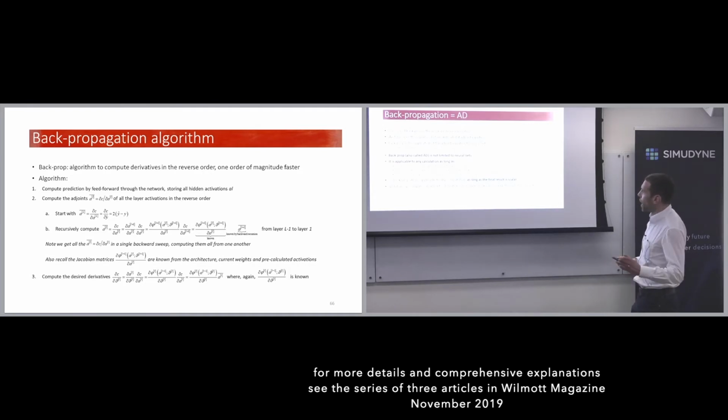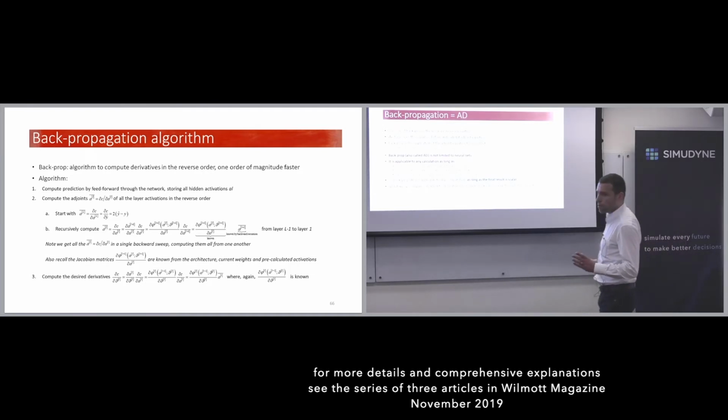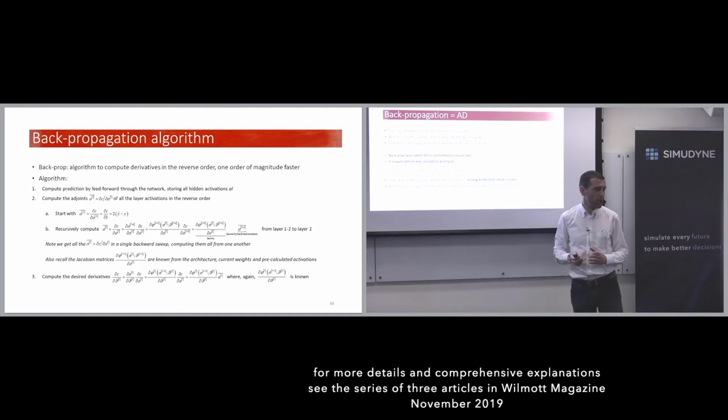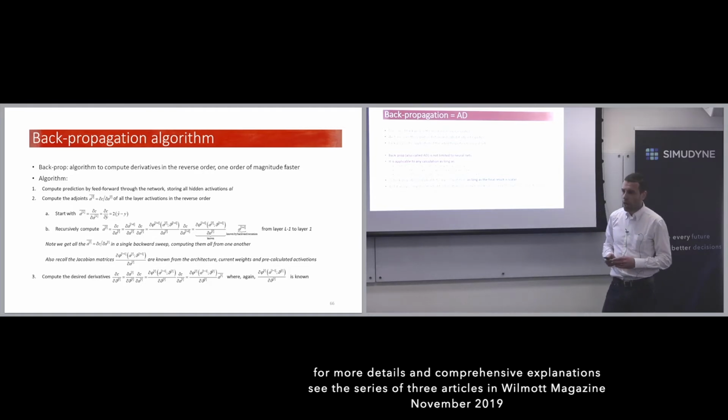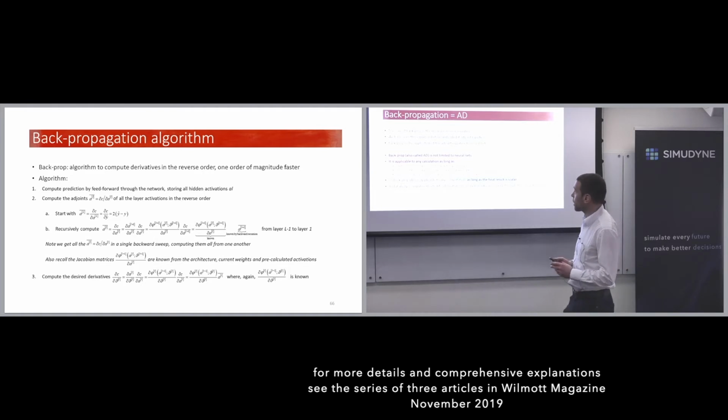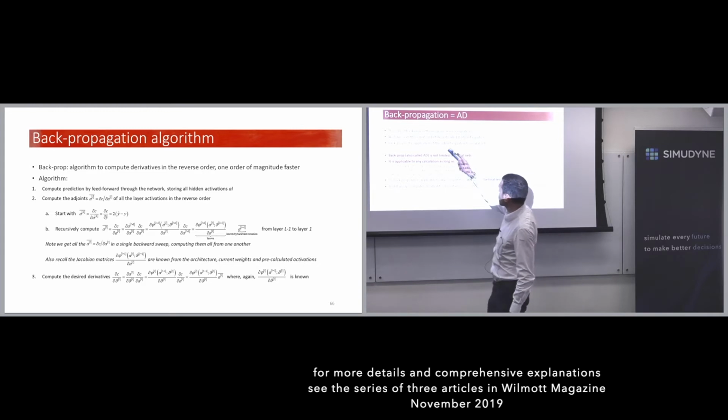So backpropagation is the name this algorithm was given in the machine learning community. In finance and in other fields, we call it AD, adjoint differentiation, and this is the exact same thing. The core of backprop is the recursive reverse equation, which is this one.